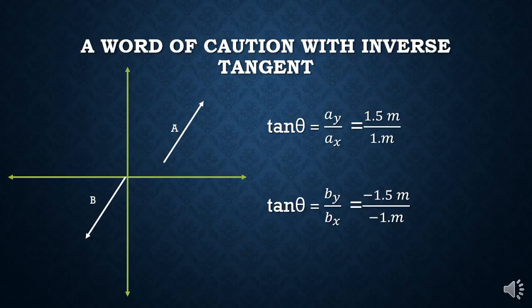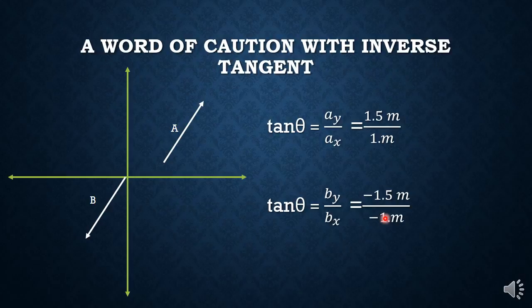Okay, so say we want to figure out the angle theta each of these would make with the positive x-axis. Remember we said you can figure out that angle by saying the tangent of theta equals the y component divided by the x component. So in this case, tangent of theta equals 1.5 meters divided by 1 meter, or, well, tangent of theta equals negative 1.5 meters divided by negative 1 meter.